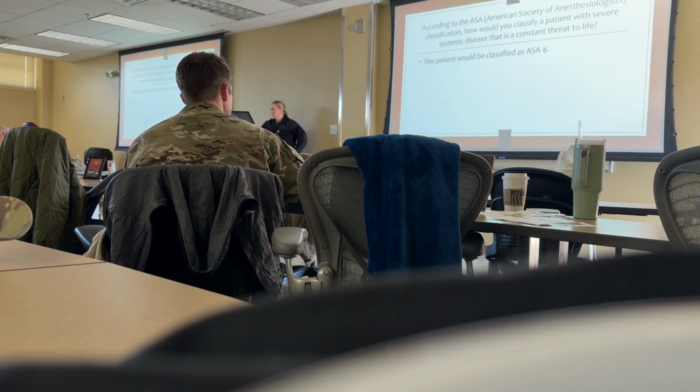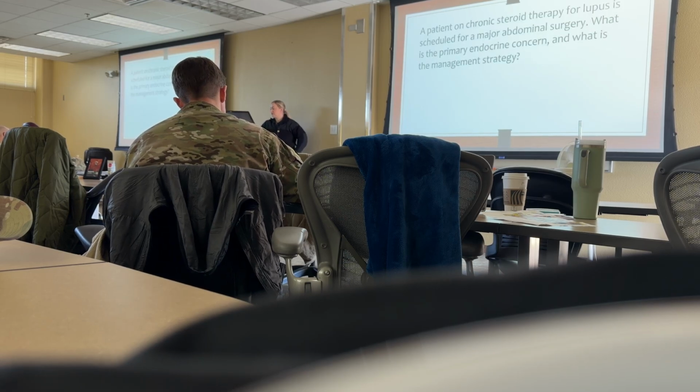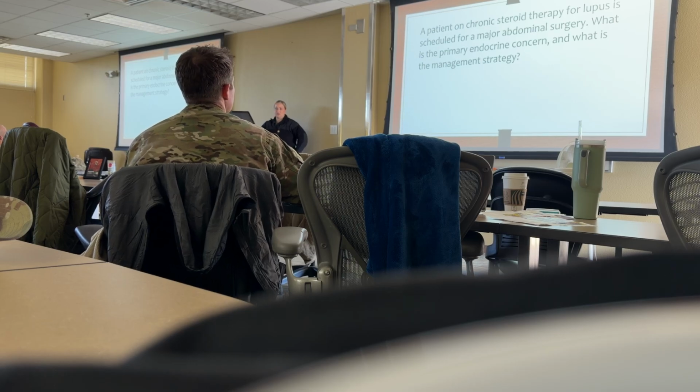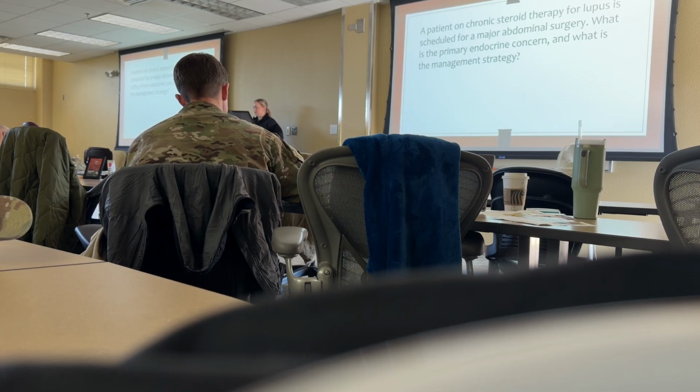A patient on chronic steroid therapy for lupus is scheduled for major abdominal surgery. What is the primary endocrine concern, and what is the management strategy? What are we trying to avoid? Steroid crisis. Okay. What is the actual medical term for steroid crisis?